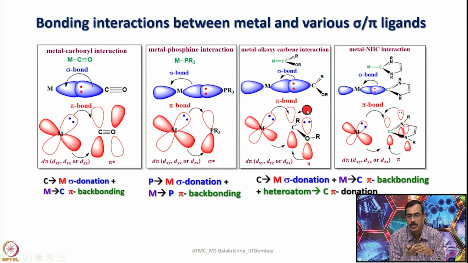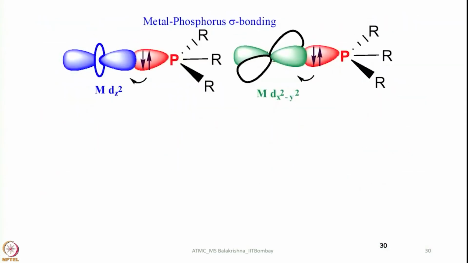As a result, they have less inclination to take electrons from the metal through back donation, so they are relatively poor pi acceptors compared to phosphines. So, this is where the phosphines top among the best sigma donor and pi acceptor ligands, and hence their utility is enormous in homogeneous catalysis.